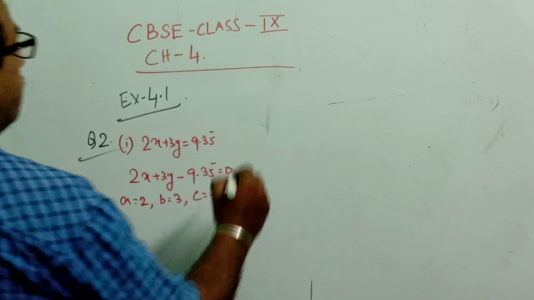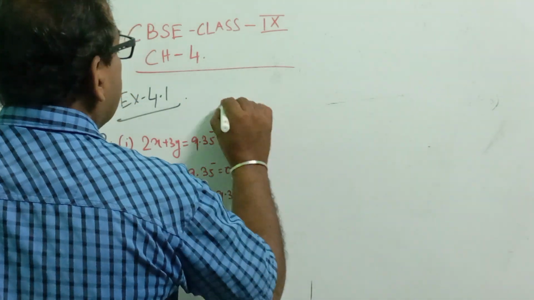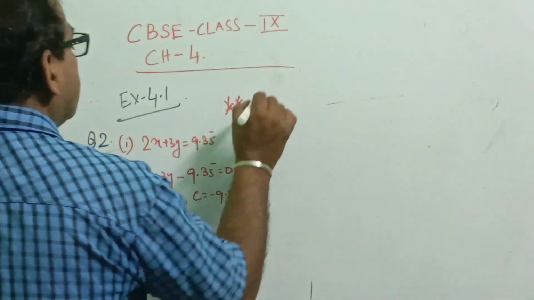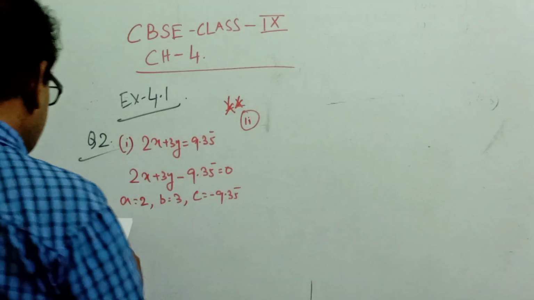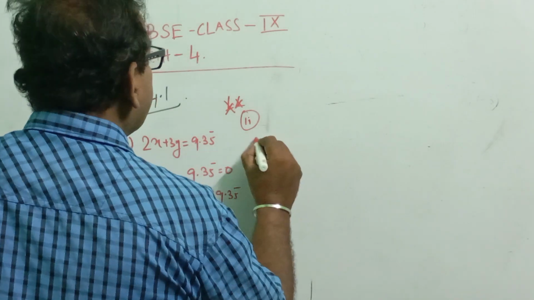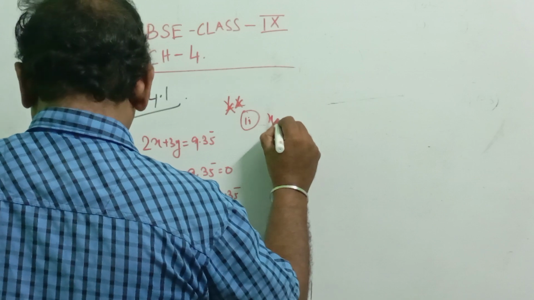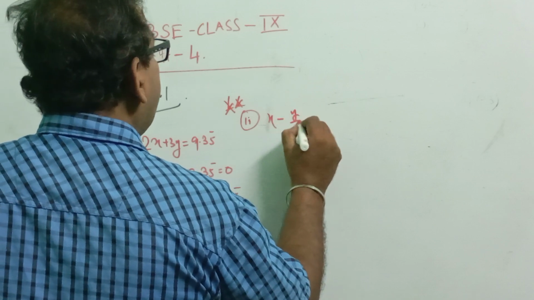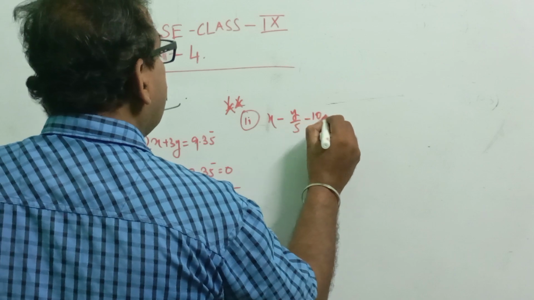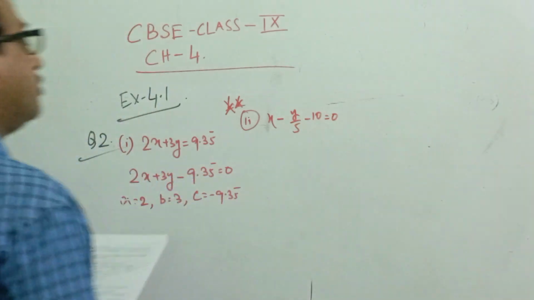Second one is very important. Now this is a very important question. Why? There is given x minus y by 5 minus 10 is equal to 0.